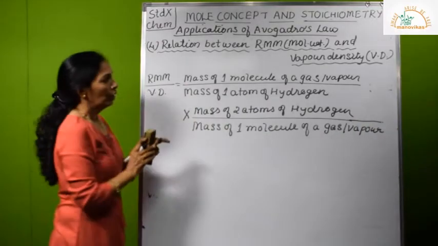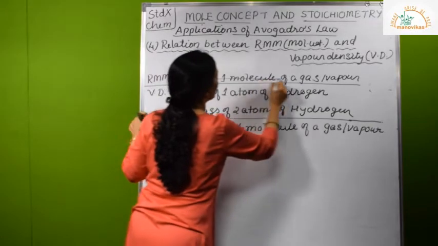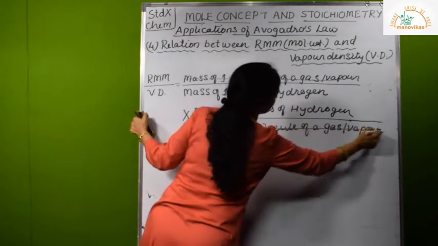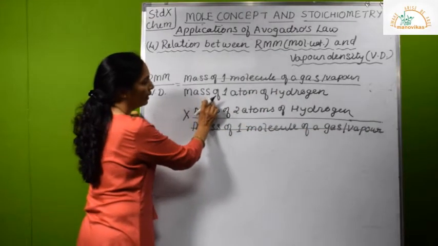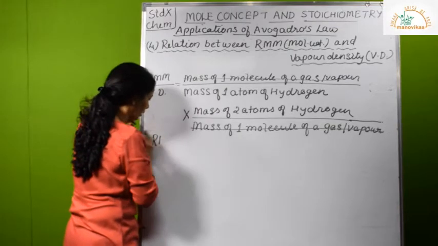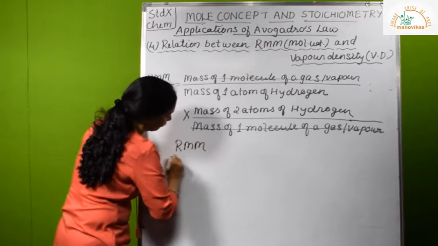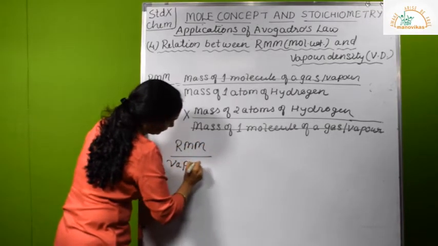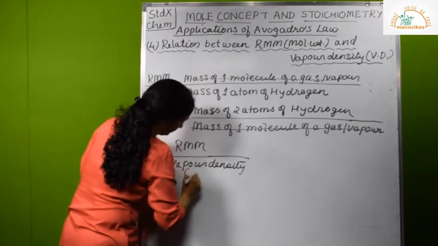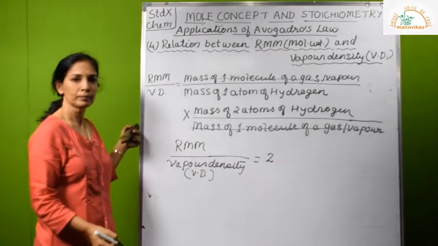Now you imagine this and this side by side, then this entire thing will get cancelled by this. Now here it is 1 atom and this is so this upon this. So what will come? Relative molecular mass upon vapor density is equal to 2.